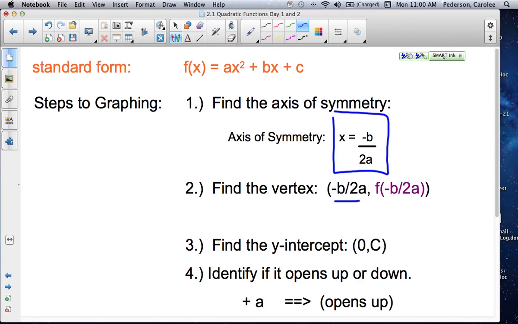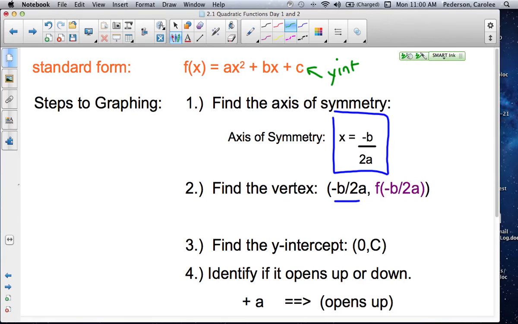Part 3, to find the y-intercept. This is the easiest part, if you remember from Algebra 2. When it's in standard form, you can quickly look at the c value, the constant, and that's your y-intercept. The last thing is identify if the graph opens up or down.